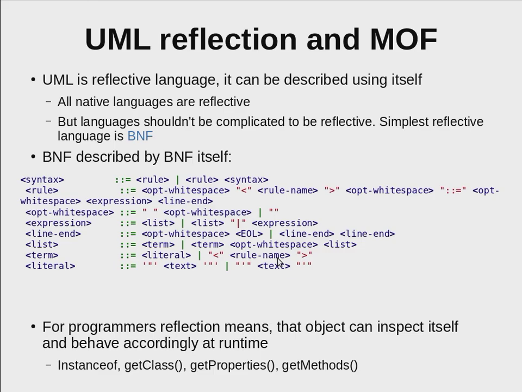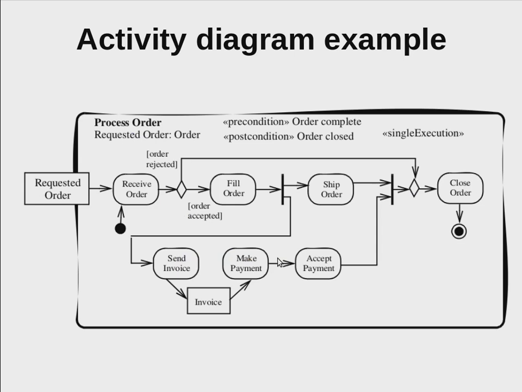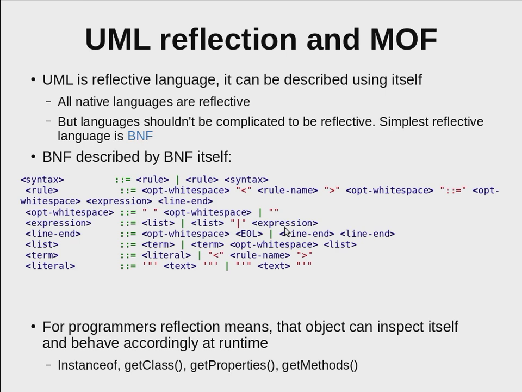And now a little bit about UML itself. Why it's also very important to know UML is their idea about abstraction and reflection. And you may have heard something about reflection already, but in programming languages or in languages in general, reflection means that you can use language to describe language itself.